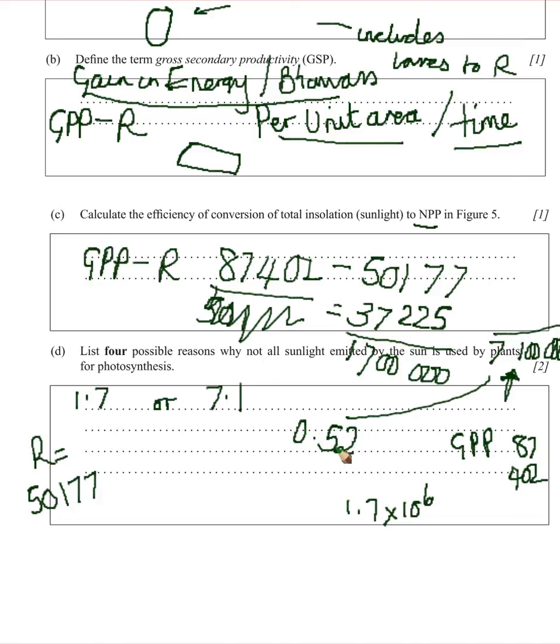Or actually you ended up with 0.0052, but you multiply it by 100, so it's 0.52%. If you do this one and you divide that, you end up with 0.022. You multiply it by 100 to get your percentage, and it's 22% efficient.